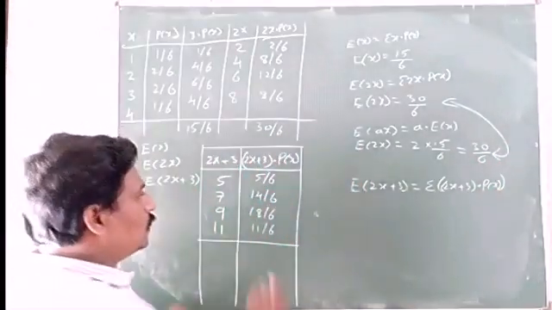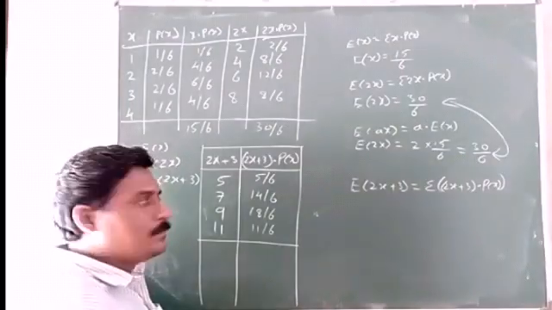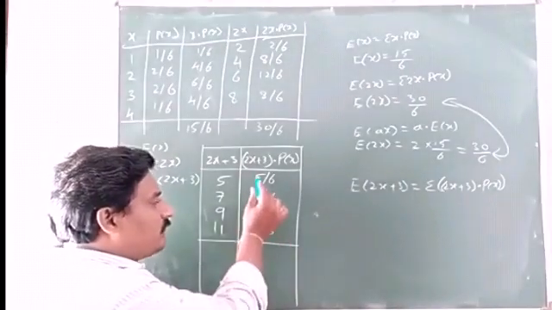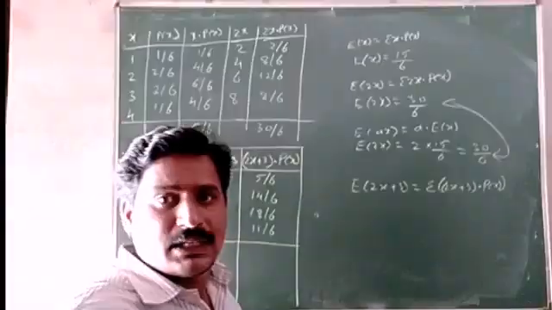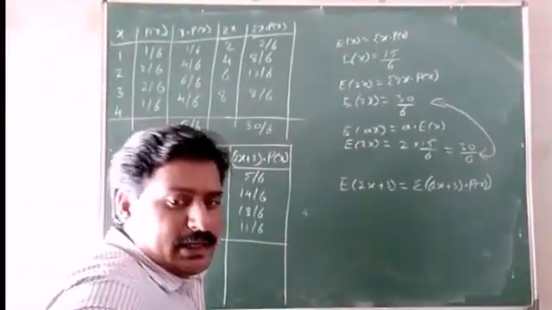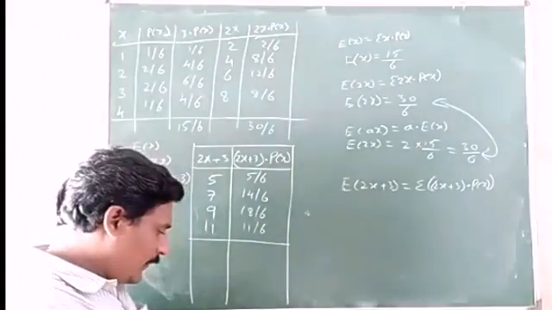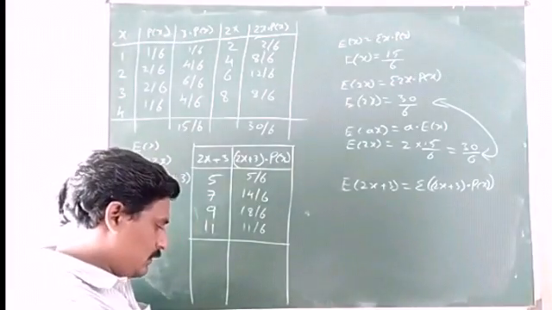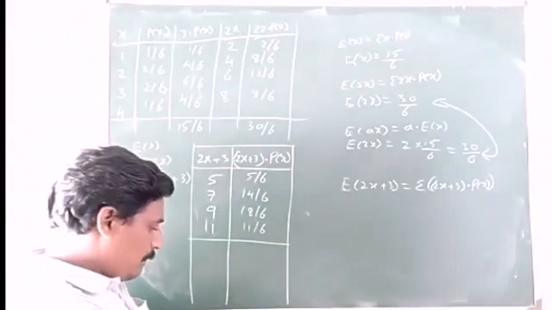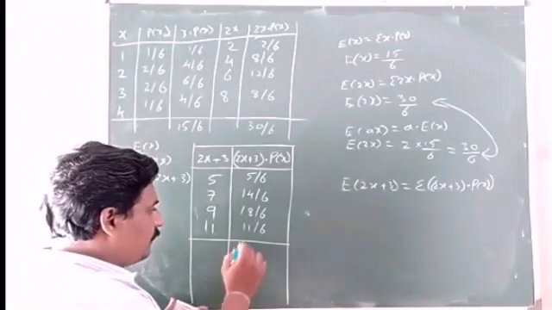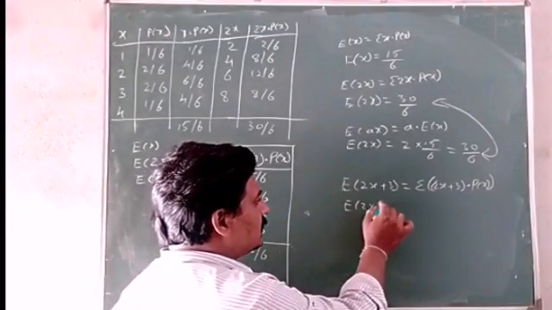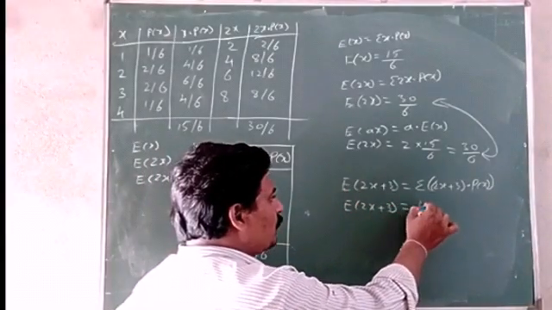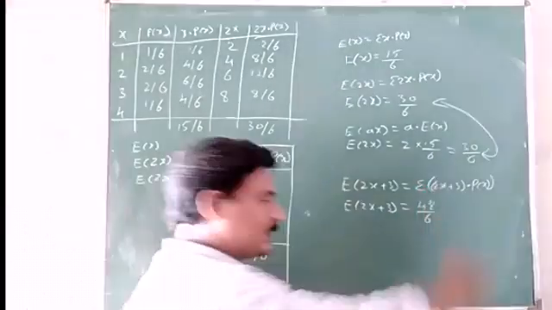All denominators are same. So 5 plus 14, 19. 19 plus 18, 37 plus 11, that is 48 divided by 6. So E of 2x plus 3 is equal to 48 divided by 6.